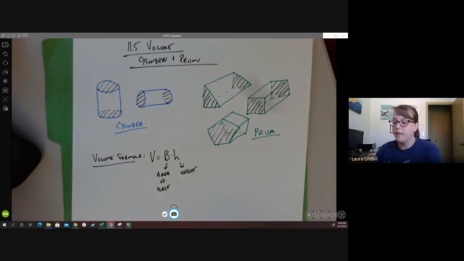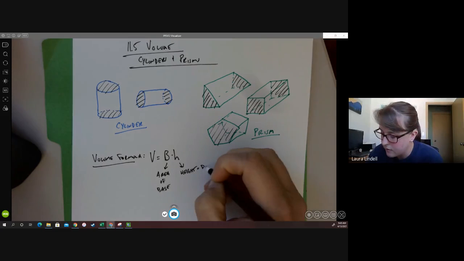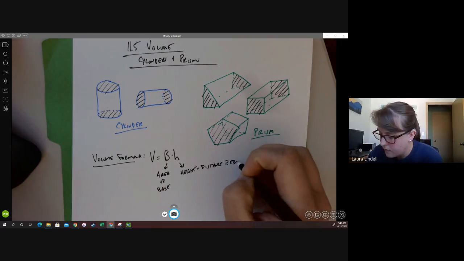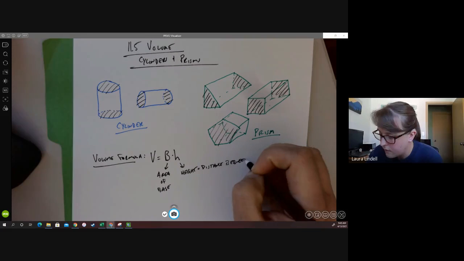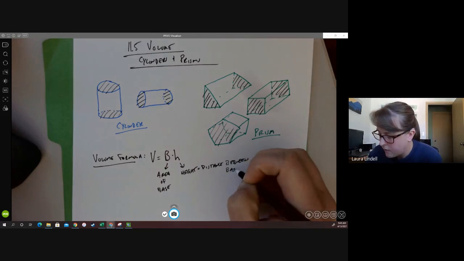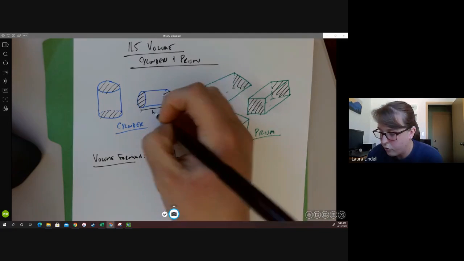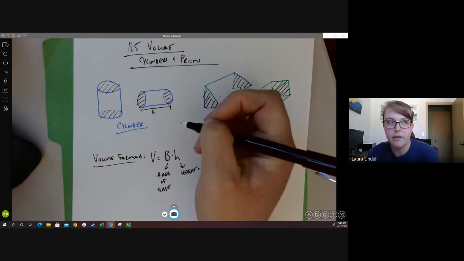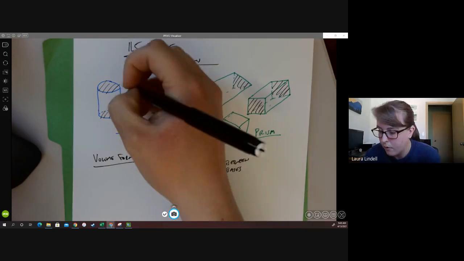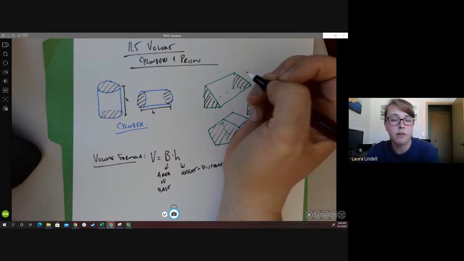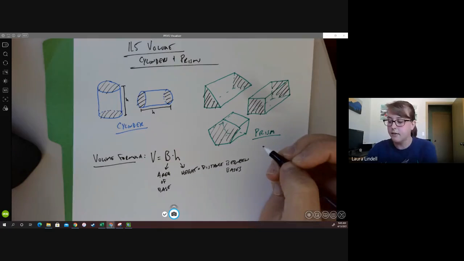And then the height is that distance between the bases. So the height of this cylinder would be this distance between the front and the back face. Or the height of this cylinder, standing up, would be something you more typically think of as a height.